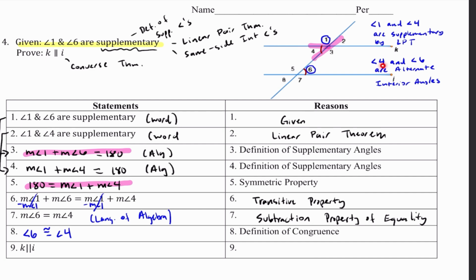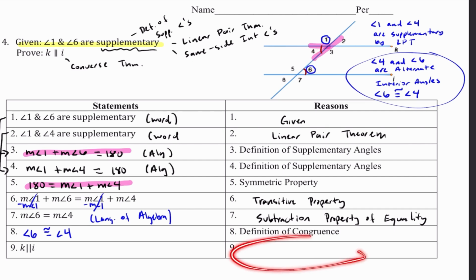And we said that angle 4 and angle 6 are alternate interior angles. And we just showed that these two angles are congruent. So the alternate interior angles are congruent. So, if we have two lines cut by a transversal and the alternate interior angles are congruent, which converse theorem will prove that K is parallel to I?